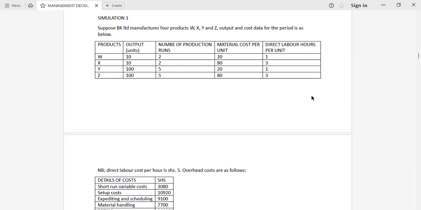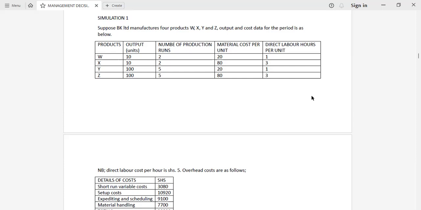So we are going to first use this simulation before we go to the question papers or the past papers for MDC. So without wasting more time, let's try to analyze the question and see what we can do.